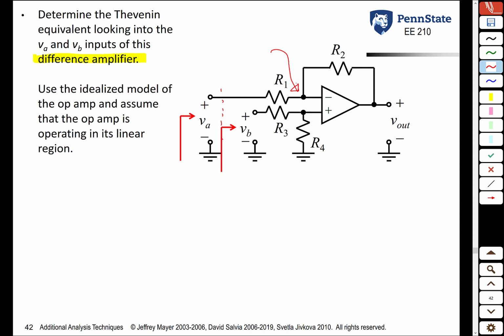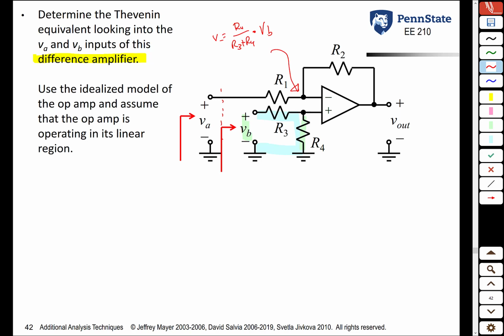The voltage at the inverting terminal is the same as the voltage at the non-inverting terminal, which we get from a voltage division. It's R4 over R3 plus R4 times VB. So that means that V minus is R4 over R3 plus R4 times VB.